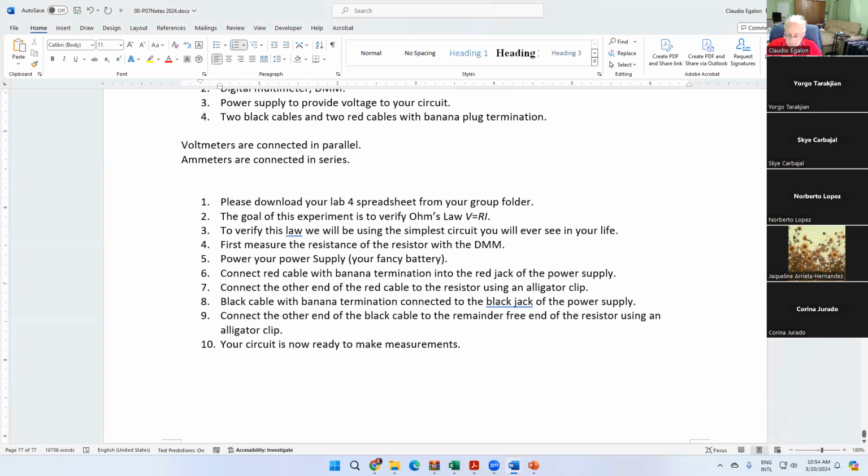In the first part of the experiment, you will measure the voltage across the resistor, from 10 volts to 2.8 volts.